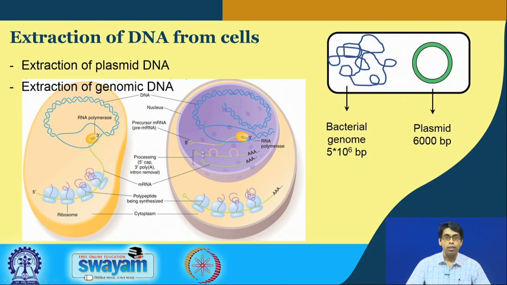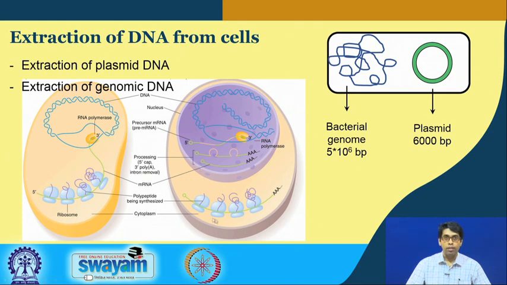If you look at the cellular organization, this is how a bacterial cell looks, where everything is in the cytoplasm. So when we break open the cell, all of these cellular components, the DNA, the RNA that is synthesized, all the proteins that are there, will come out into the cell lysate.